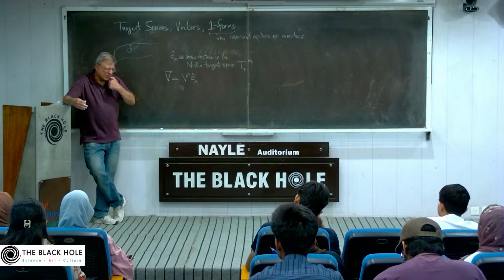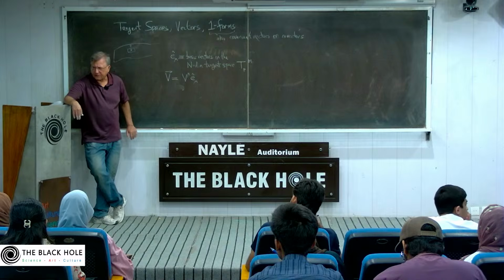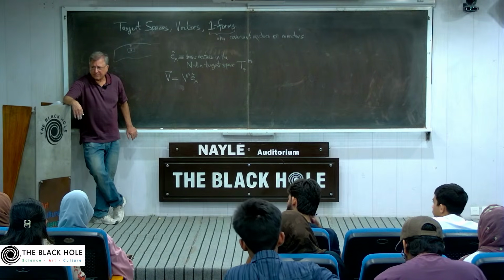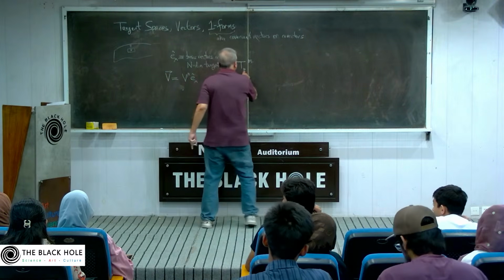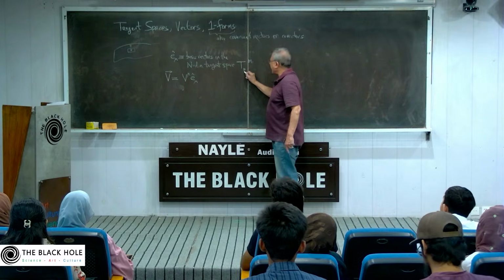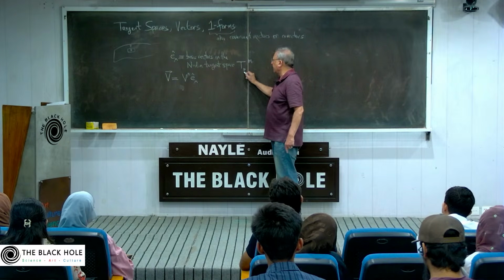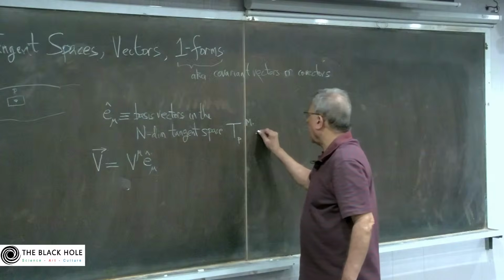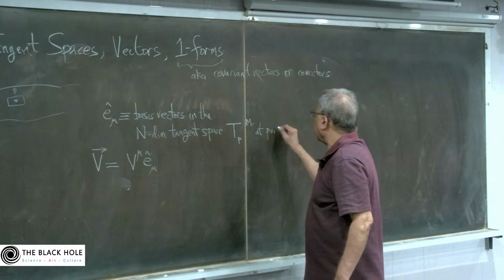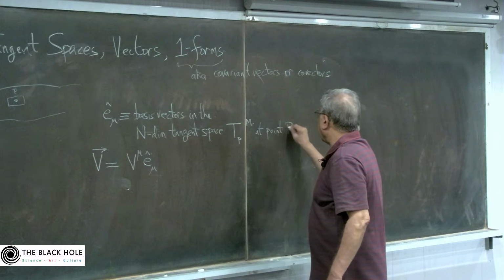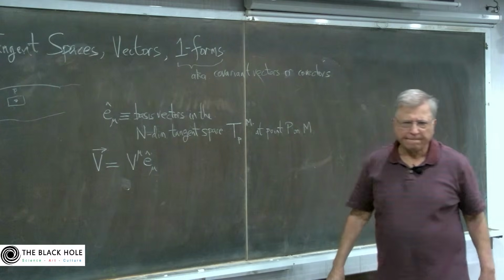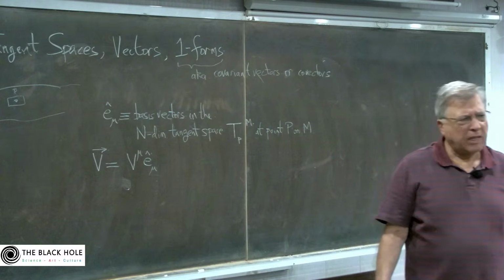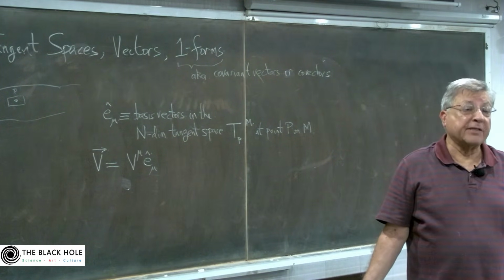We know it isn't, although for a long time we thought it was. But absolutely, this is why you say it is at a point P on the manifold M. You go to another point and you will have different basis vectors.